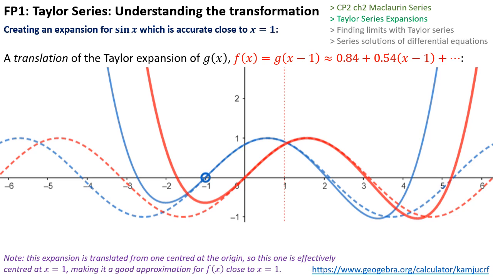And now the series expansion is valid for one place to the right of the origin. We pull the function to the left, we find the series expansion at 0, and then we push it back to the right again, including the series expansion, and we end up with something which is accurate for values that are close to x equals 1.